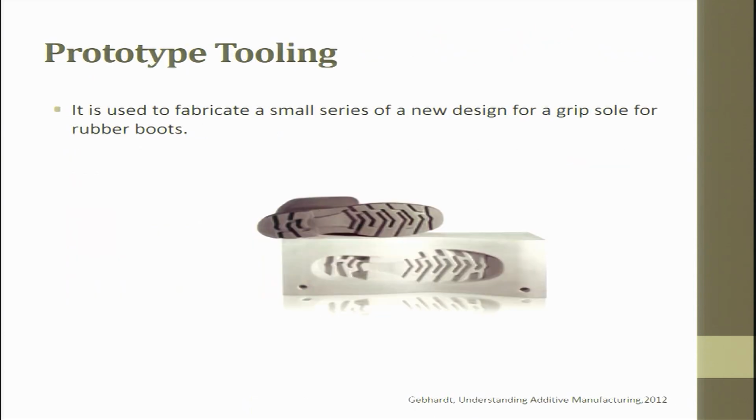So, prototype tooling, these are tools which are used for prototyping, just to see the outlook. For example, here we are trying to make a tool which is used for making prototypes, so that you can show it to customers, try to impress them, get their feedback, and improvise.